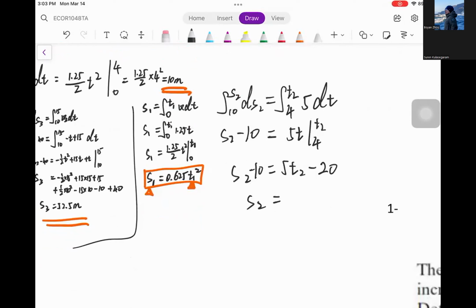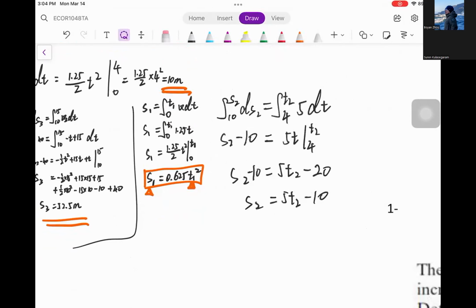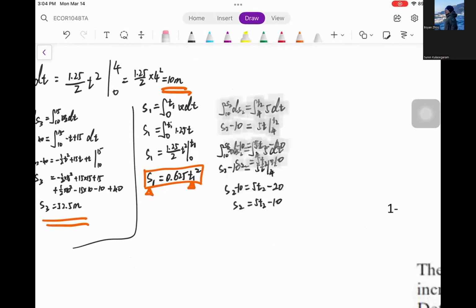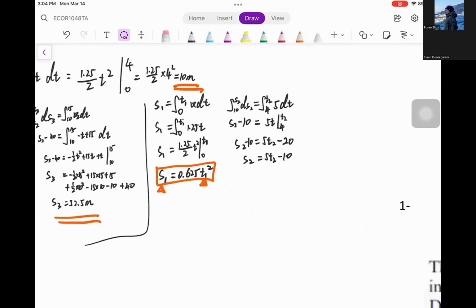So S2 is going to be equal to 5 T2 minus 10. So here we have the second equation with S2 and T2.